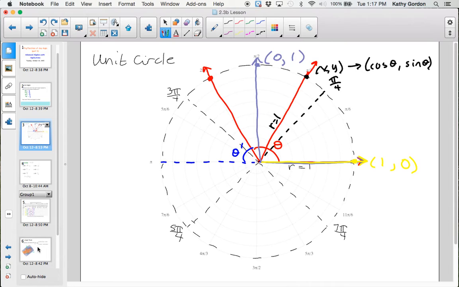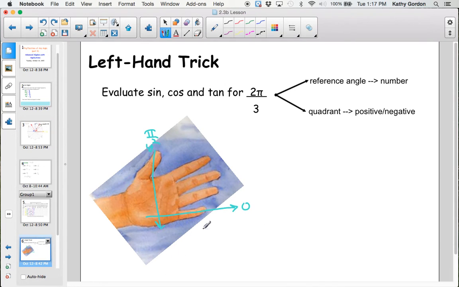Okay? So each finger is going to represent the specials that are in between 0 and pi over 2 in the first quadrant. So pi over 6, pi over 4, pi over 3. Okay?